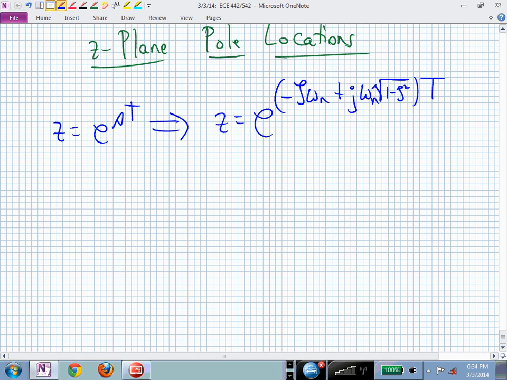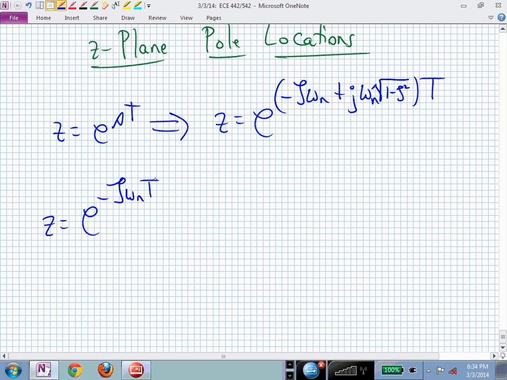That's now our Z-plane location relative to an S-plane pole, in the second quadrant of our complex S-plane, that has a real part of minus zeta omega sub n and an imaginary part of omega sub d. We can now write that as e to the minus zeta omega sub n t.